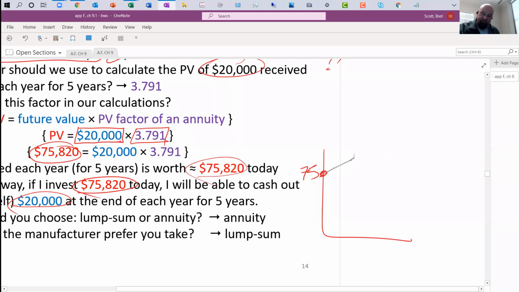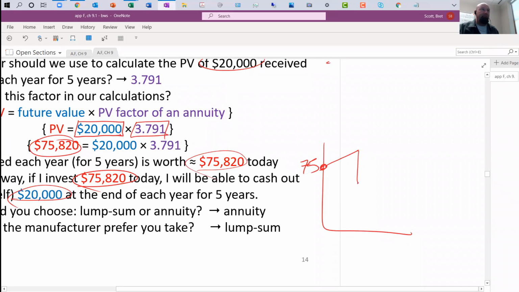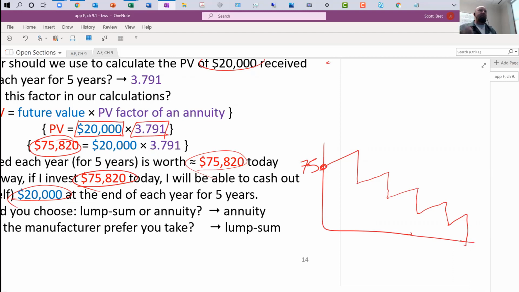At the end of year one, it would grow a little bit from interest, and then I'd pay out $20,000. Then I'd let it grow again with interest, pay myself out $20,000. Grow again, pay $20,000, grow again, $20,000, grow again. Final payment, $20,000. That's why it's called an annuity. A lot of insurance companies sell these types of investment contracts because people want to have a regular, consistent, predictable stream of money in their retirement beyond Social Security.